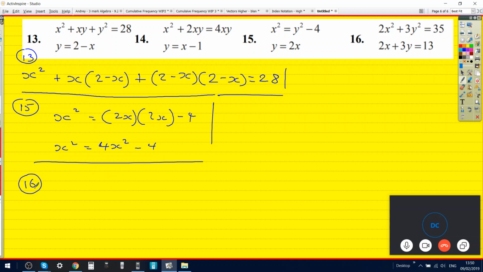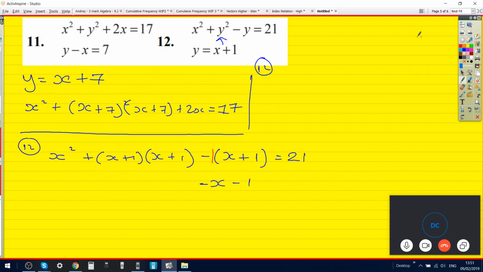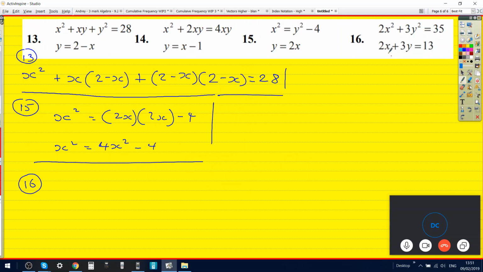Okay, what if we square the bottom one? No. In the previous ones, remember we had to rearrange it to make y the subject? So you have to do something similar here. Either make it x equals or y equals on the bottom. Okay.